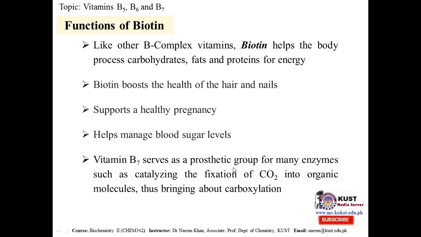B7 serves as a prosthetic group for many enzymes, such as those catalyzing the fixation of CO2 into organic molecules, thus bringing about carboxylation. Vitamin B7's very important metabolic function is being the prosthetic group for enzymes that catalyze the fixation of CO2 into organic molecules.